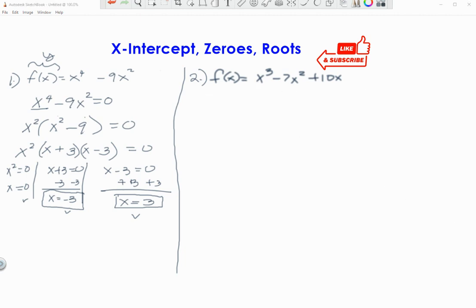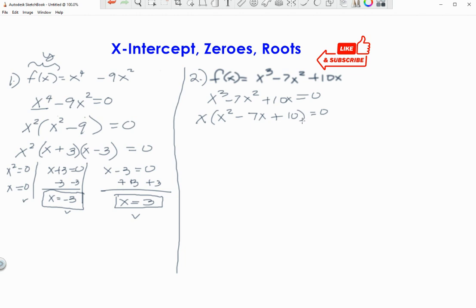So we can say x cubed minus 7x squared plus 10x is equal to 0. You have three terms here, and you have a common factor of x. Every single one of them has x, so you can factor out that x. x cubed divided by x, you have x squared, you subtract the exponent, minus 7x, x squared divided by x, subtract the exponent, plus 10 equals 0.